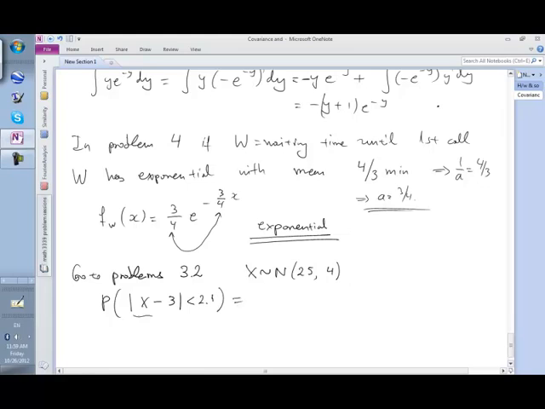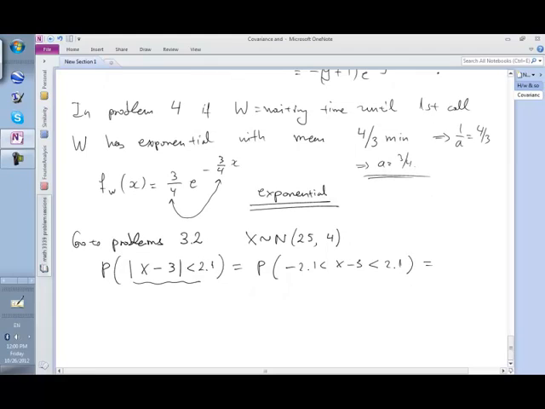Of course, if we do the algebra here, because that's the first thing we have to do, get rid of the absolute value, then you would have that negative 2.1 is less than X minus 3 less than 2.1. You know that from college algebra.